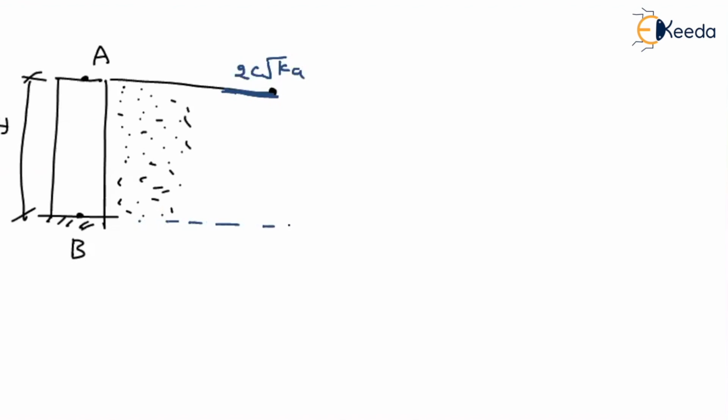At the bottom, the stress has a magnitude of Ka into gamma into H minus 2 into c into root Ka.